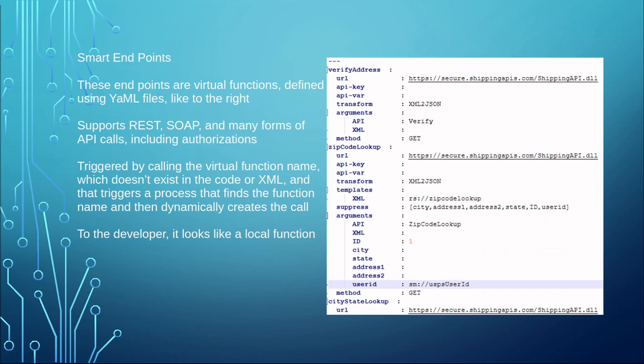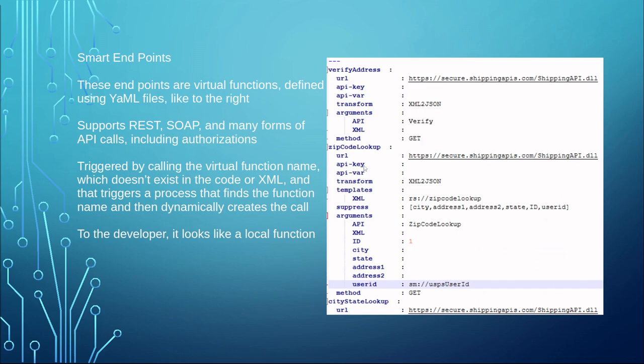And when I talk about smart endpoints, this is an example of setting up a smart endpoint. This is for USPS, verify address and zip code lookup, and there's a city-state lookup. You can see here that this is the virtual function name, zip code lookup. When you call that virtual function, it's going to hit this URL.